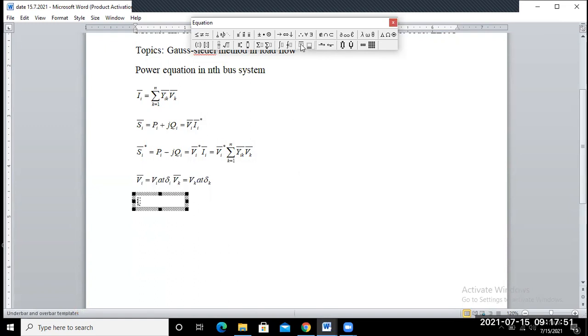So vector Yik is equal to the magnitude of Yik at an angle of theta ik.